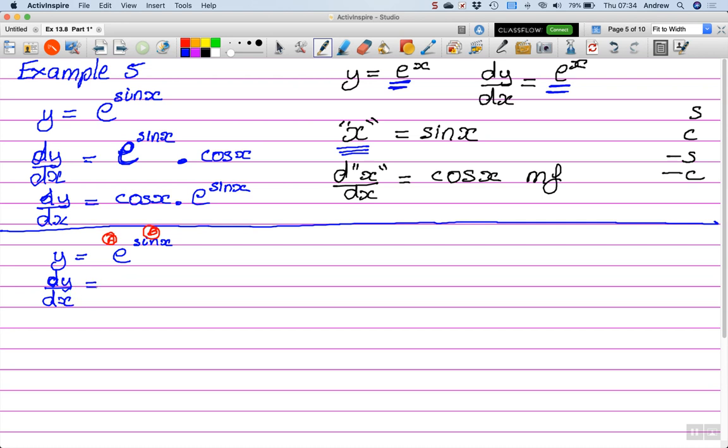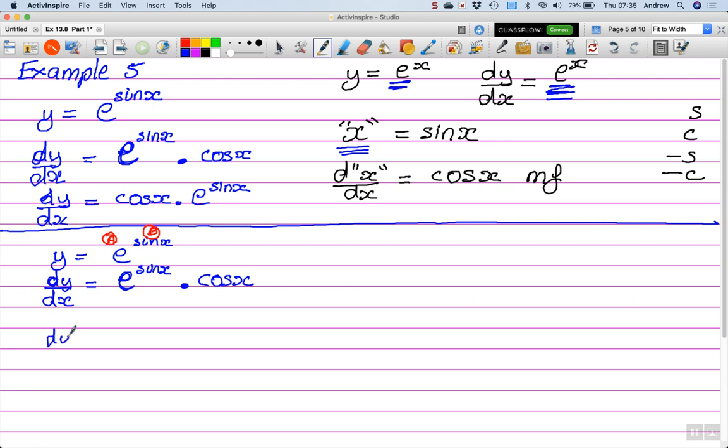When we differentiate an e function, which is the priority A function, it does not change. That's what the formula says. So it stays e to the sine x. And then we multiply by the differential of the B function, which is cos x. And that's the end of that example.